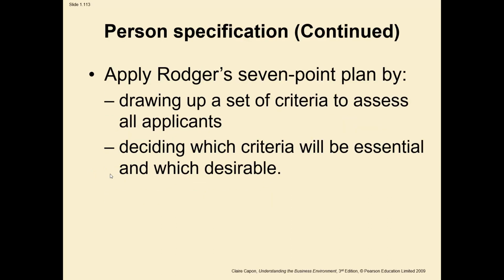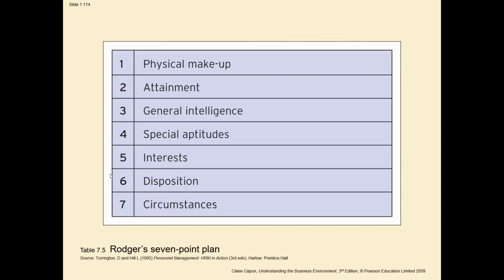In doing this, you can use Rodger's theory scenarios, a seven-point plan: draw up a set of criteria to assess all applicants, and decide which criteria will be essential and which desirable. These are physical makeup, attainment, general intelligence, special aptitudes, interests, disposition and circumstances.